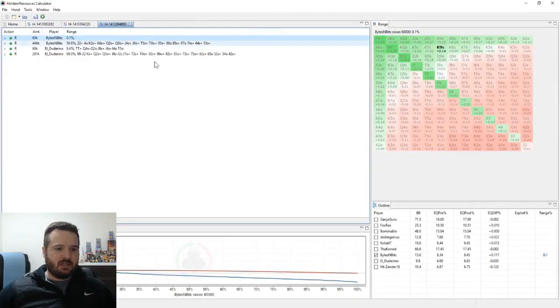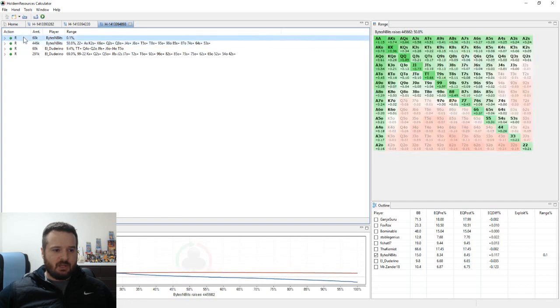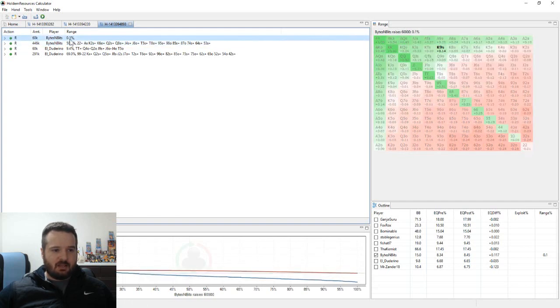All right, so the first thing I did, just to check whether we should have a min-raise range or not, is I gave us the option to either min-raise or to go all in. And you can see that in the min-raise, the computer program is only choosing to use 0.1% of its range, which basically means no. We don't ever want to do a min-raise if the players after us are going to be playing perfectly pre-flop in this situation.